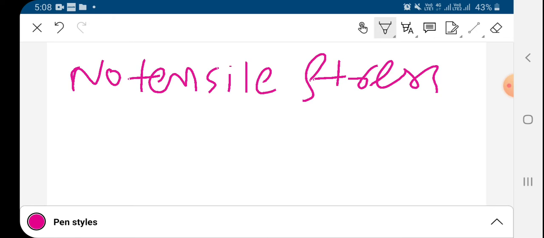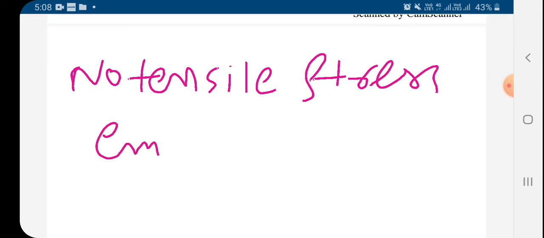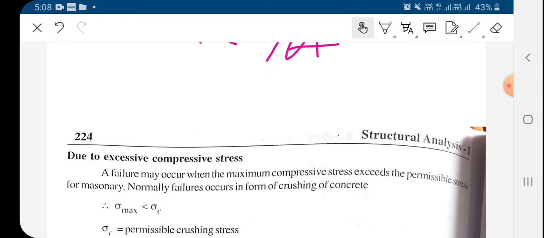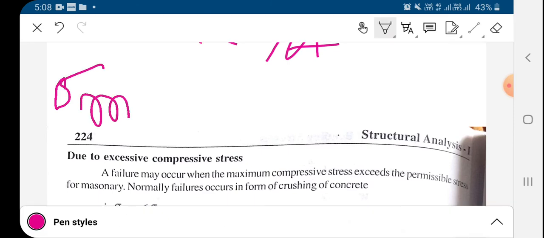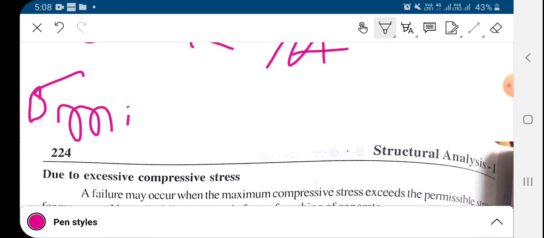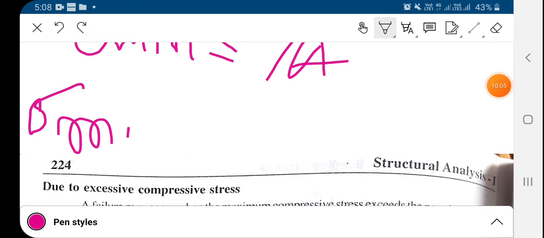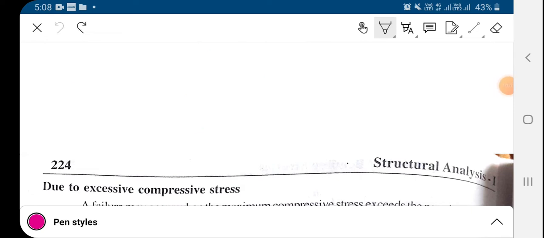So the minimum eccentricity criterion needs to be satisfied, or we can say sigma minimum should be greater than or equal to 0. So this criterion needs to be followed during the analysis of the dam.